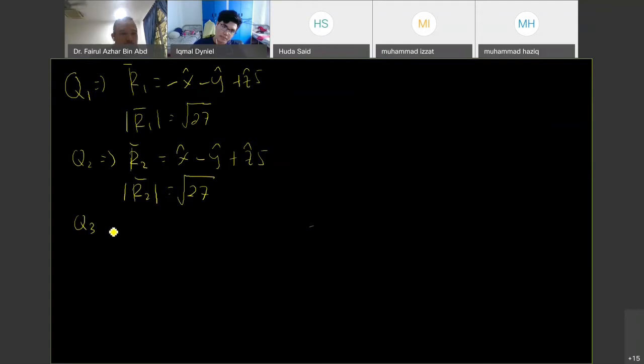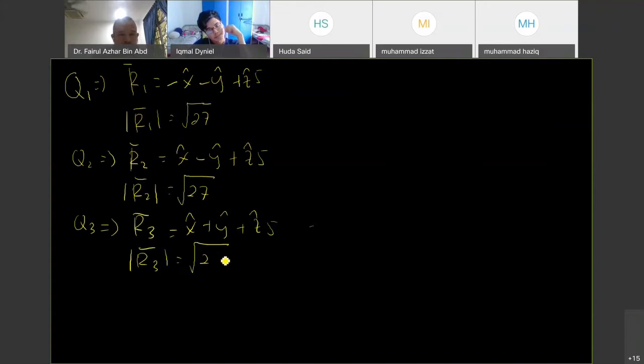For Q3, R3 is equal to x cap plus y cap plus 5 z cap, and the magnitude is the same, square root of 27.